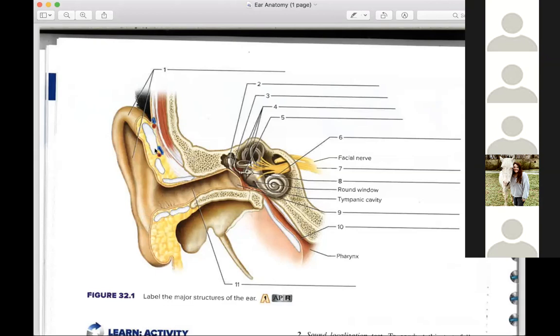That's okay. If you look at the auricle, which is number 1 here, along with the external acoustic meatus, which is number 11, based on the structure of this, what do you think the function is? Directing the sound. And if not that, I know that number 11 is used for protecting the eardrum as well. Okay, perfect.